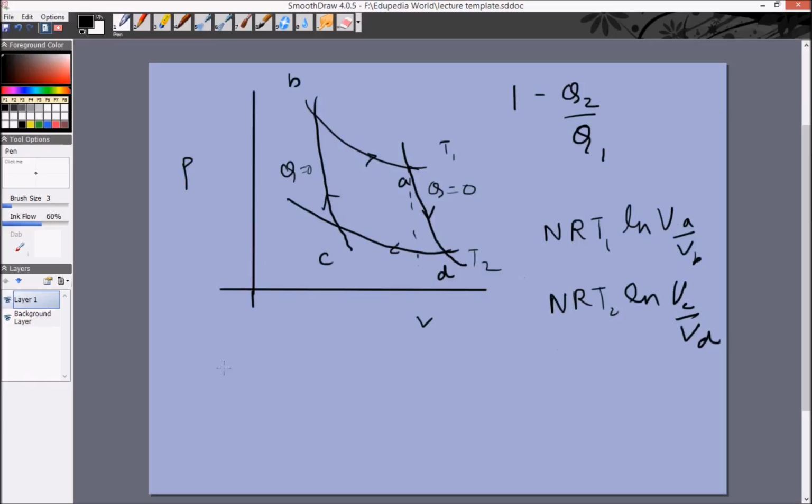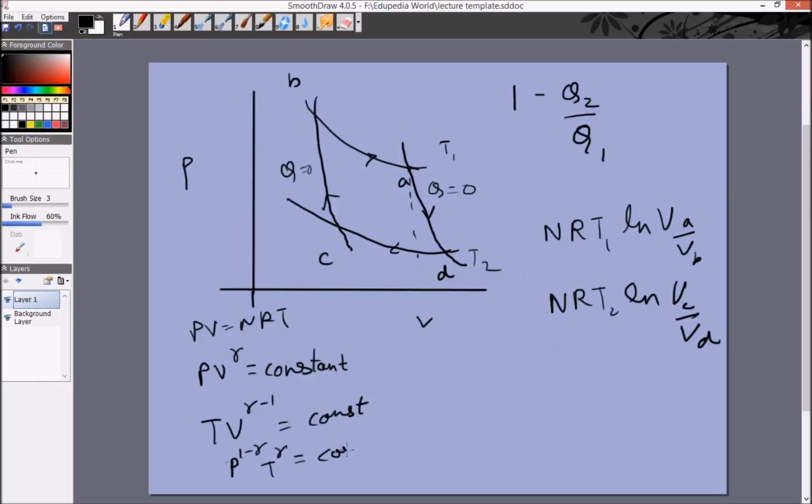Now there are many forms of the adiabatic equation. PV to the power gamma is constant, and PV is equal to nRT. If we substitute P as nRT by V, then it also gives us TV to the power gamma minus 1 is equal to constant. And if you want to eliminate V, it actually also gives us P to the power 1 minus gamma T to the power gamma is equal to constant.